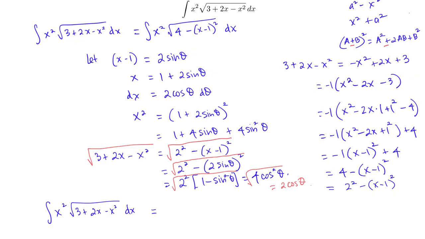The trig substitution for the integral of x squared times the square root of 3 plus 2x minus x squared dx is now the integral where x squared is being replaced with 1 plus 4 sine theta plus 4 sine squared theta, the square root of 3 plus 2x minus x squared is being replaced by 2 cosine theta, and dx is being replaced with 2 cosine theta d theta.